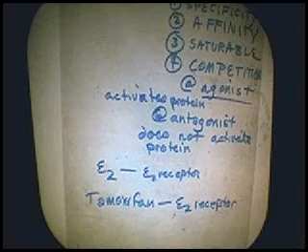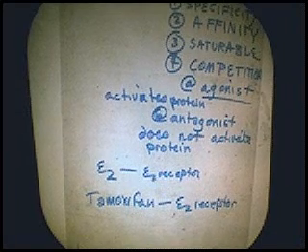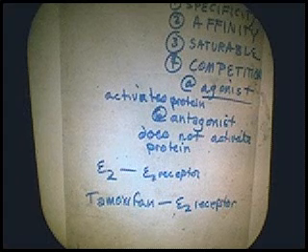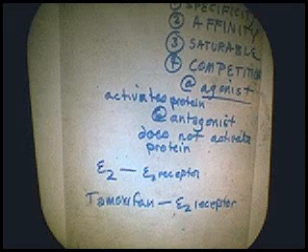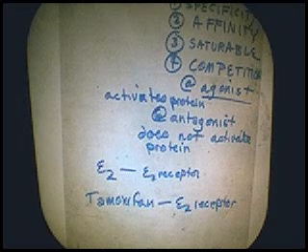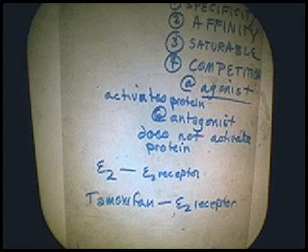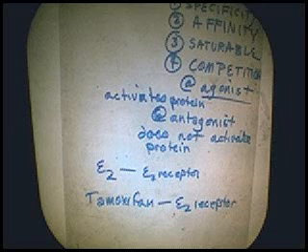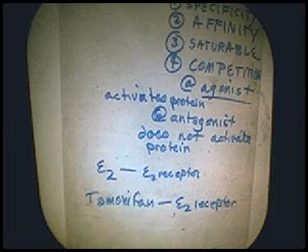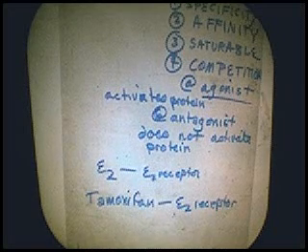So if you give tamoxifen to a patient, then estrogen will be less likely to bind receptors and activate those receptors because the binding sites will be highly occupied by this drug tamoxifen. Does anybody know what tamoxifen is used for? What therapy? Breast cancer. So if you have an estrogen responsive breast tumor, then tamoxifen will actually block the estrogen's effect and prevent the tumor from growing as much.